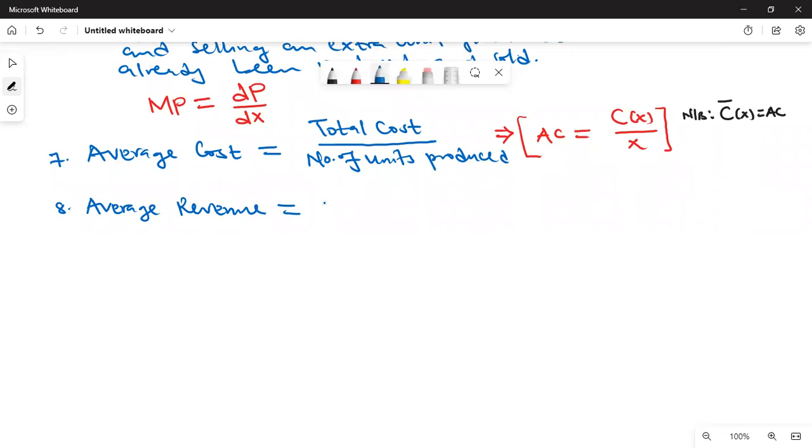It simply means that if you produced 10 units and you have sold them, each unit you're going to sell at a different price. Maybe the first unit you sell at 100 shillings. The second unit, maybe you sell it at 110. The third unit you sell at 90. So you are selling these units at different prices.